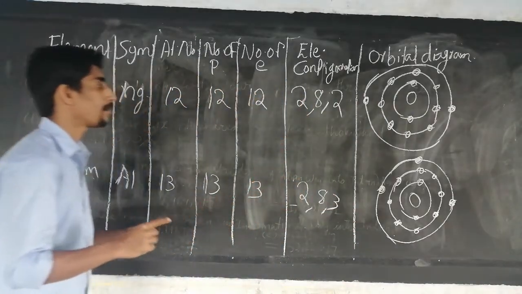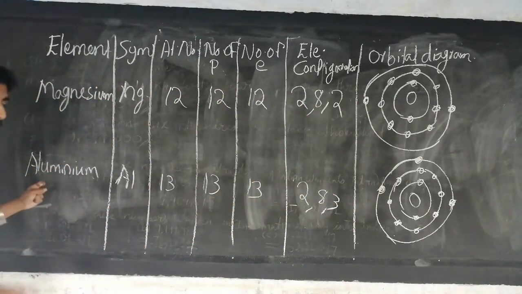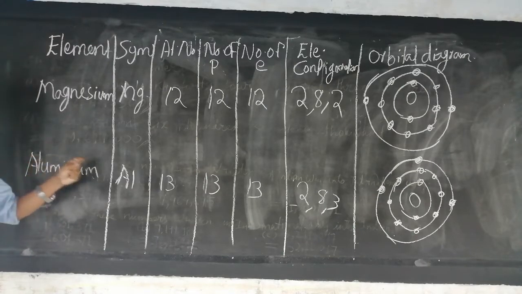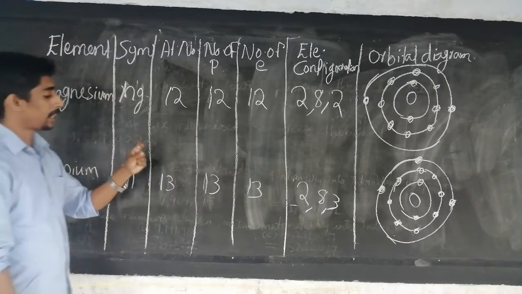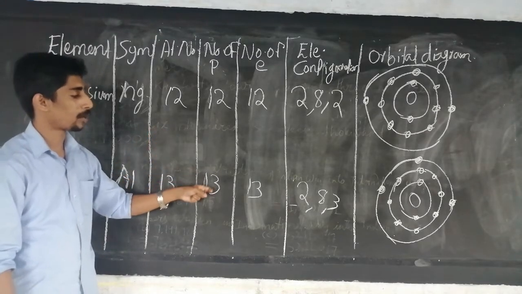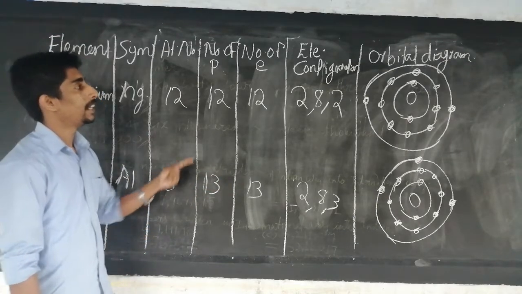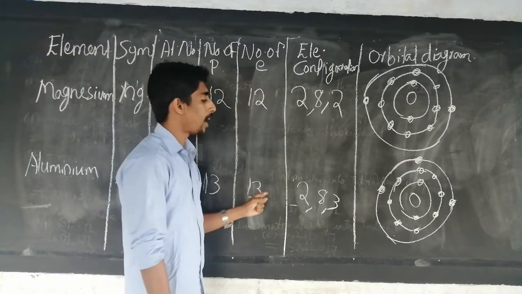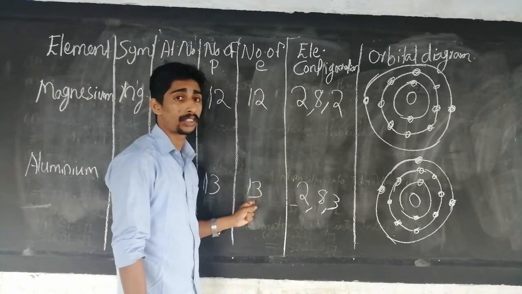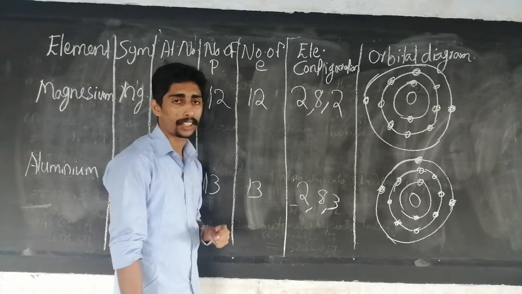Then after magnesium, the next element is aluminium. The symbol of aluminium we already studied, capital A and small letter l. The atomic number is 13, so the number of protons and number of electrons are also 13. Then the electronic configuration of aluminium: total there are 13 electrons.